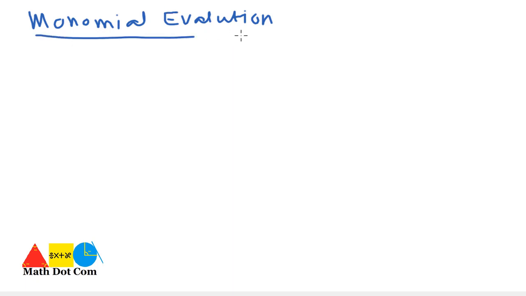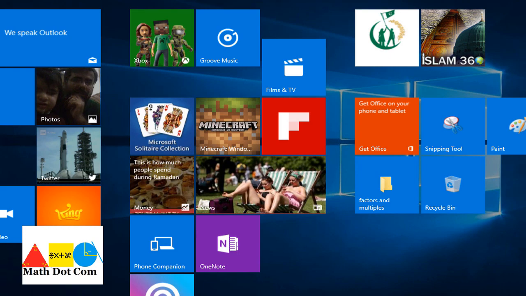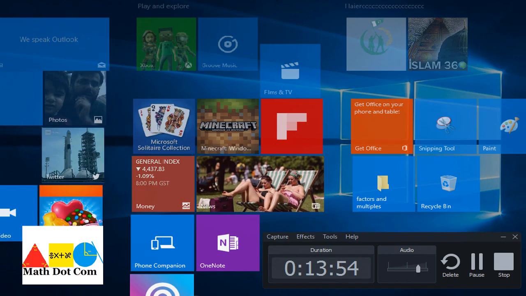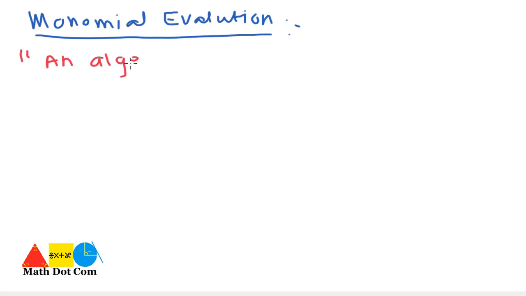Okay, in monomial evaluation we have an algebraic expression that consists of one non-zero term only.